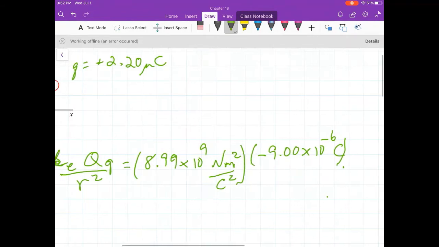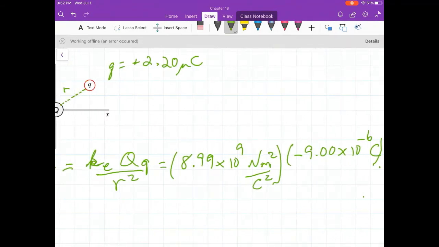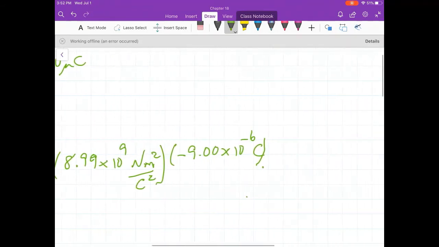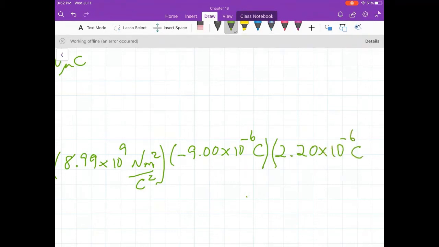The second charge, a positive 2.2 microcoulomb, again microcoulomb is 10 to the minus 6 coulomb.